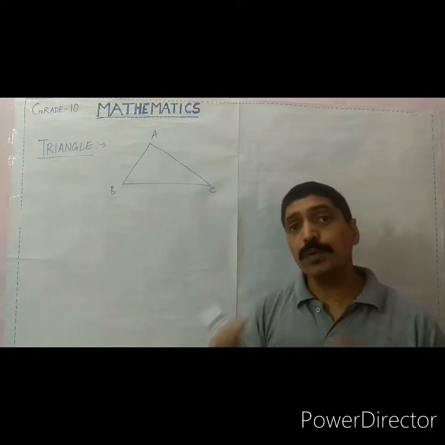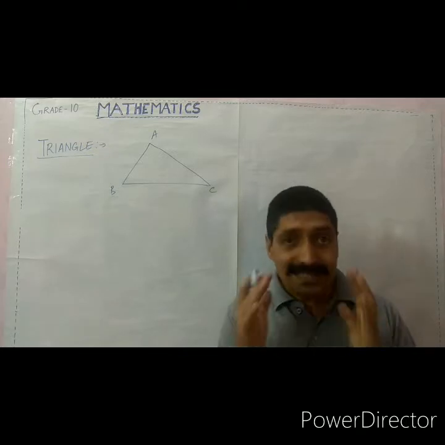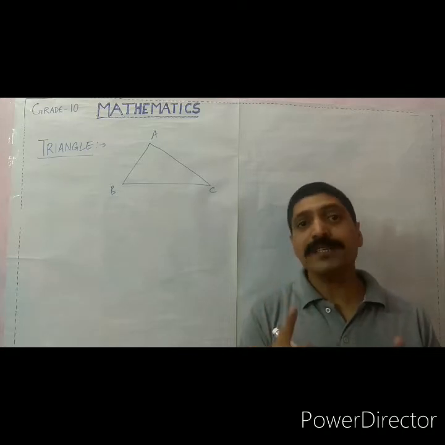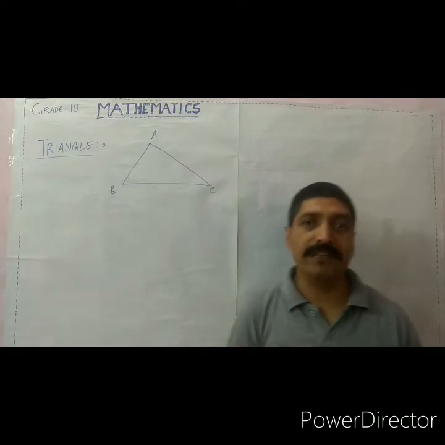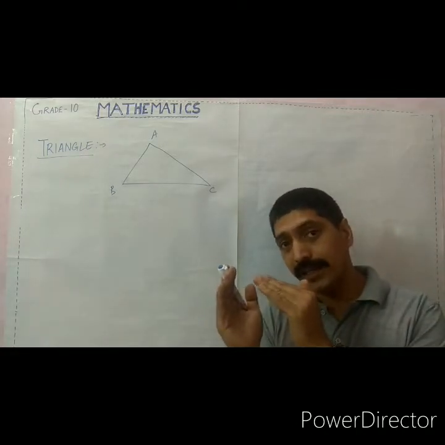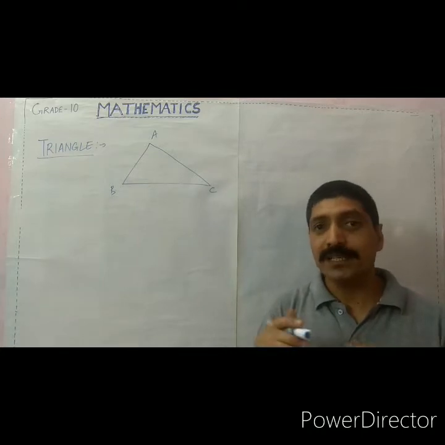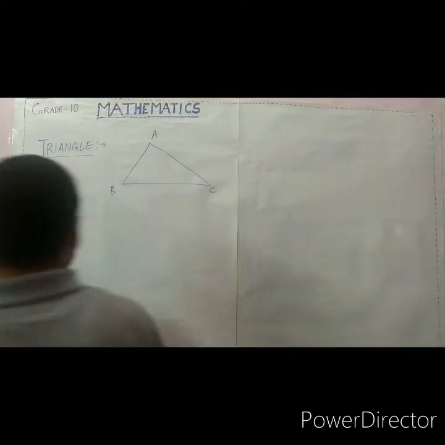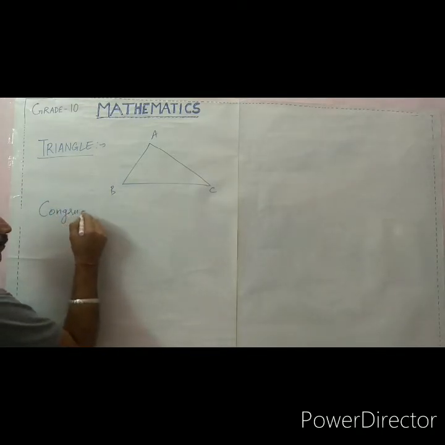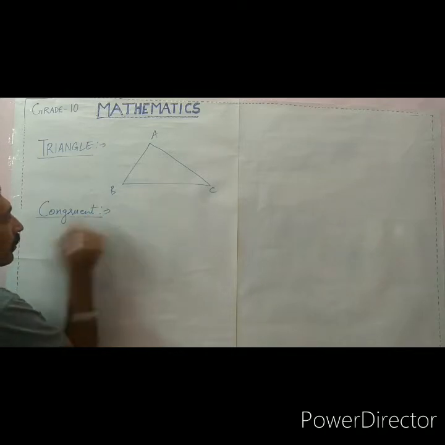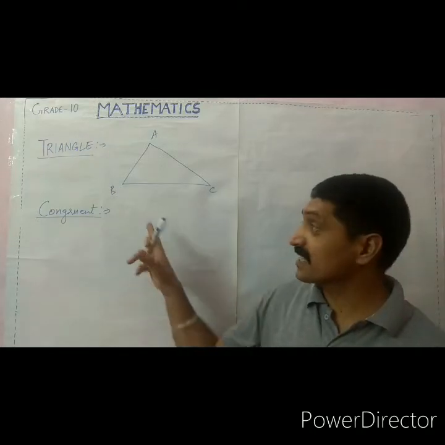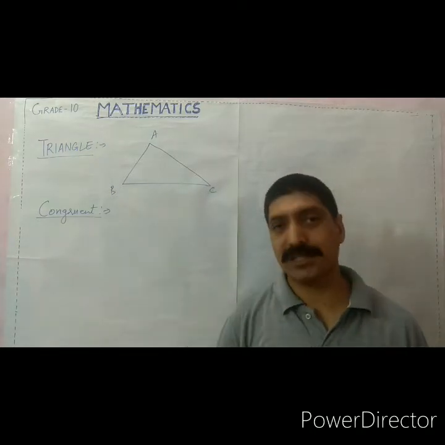Now, two triangles are said to be congruent when their corresponding sides, the word corresponding is very important, are equal, means congruent. The word congruent means when the shape is equal in all respects.